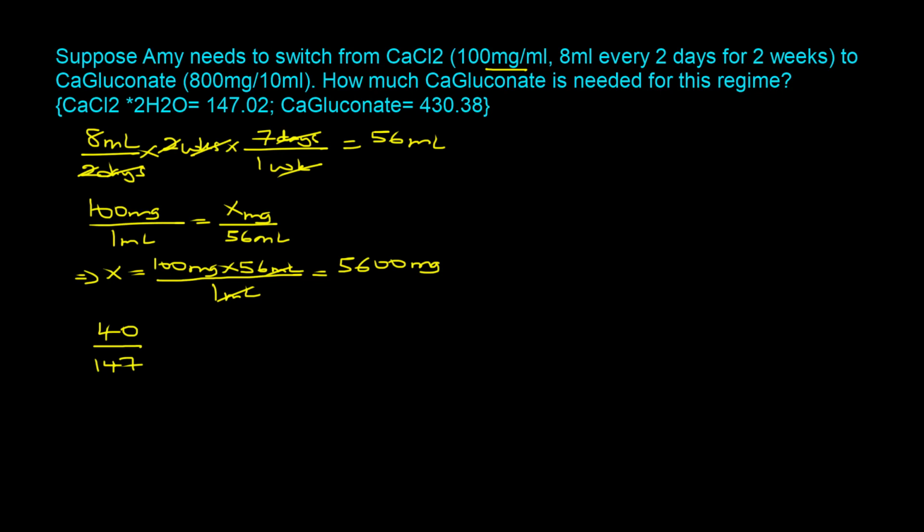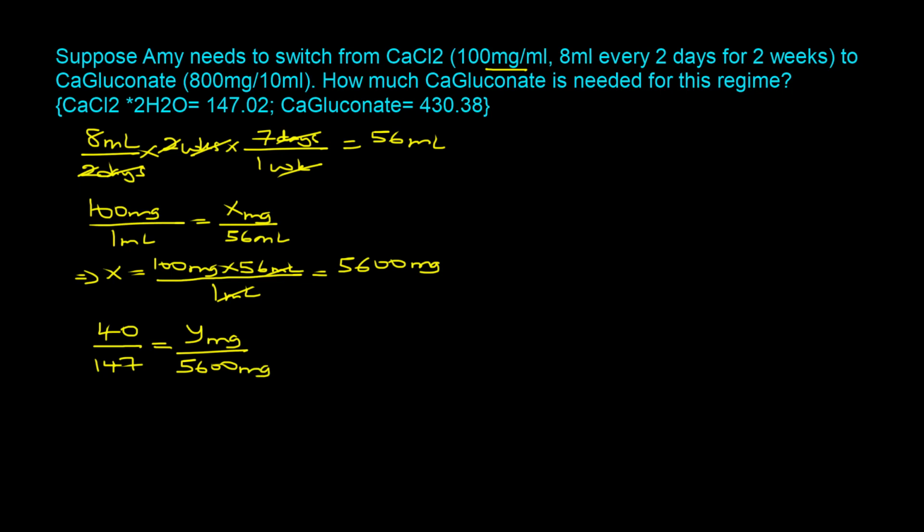What we can simply do is set up a proportion and say if 40 divided by 147 represents the amount of calcium in calcium chloride, then how many milligrams of calcium is present in the 5600 milligrams of calcium chloride?